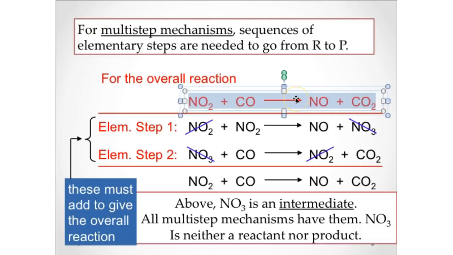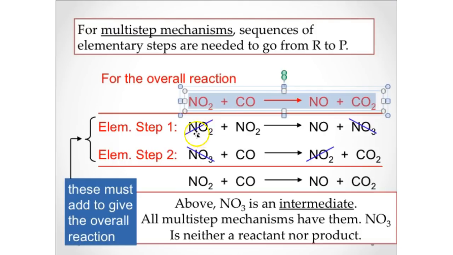You've been used to this for a very long time, but in reality, you're not going to see NO2 colliding with CO to make these two substances. This is called an overall reaction. It's a reaction that can actually be split up into separate reactions, or separate elementary steps.